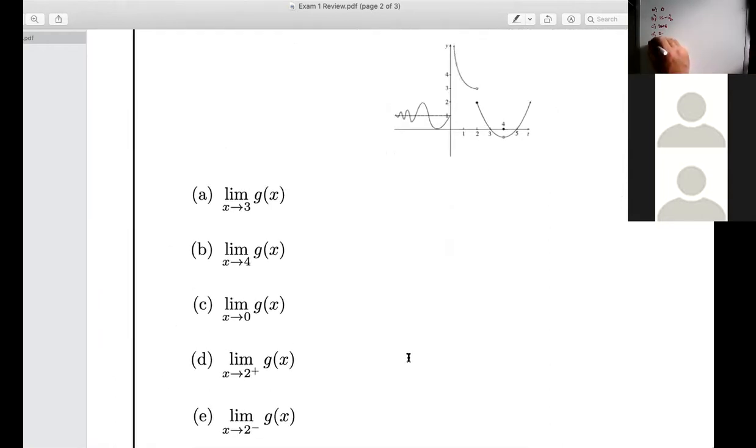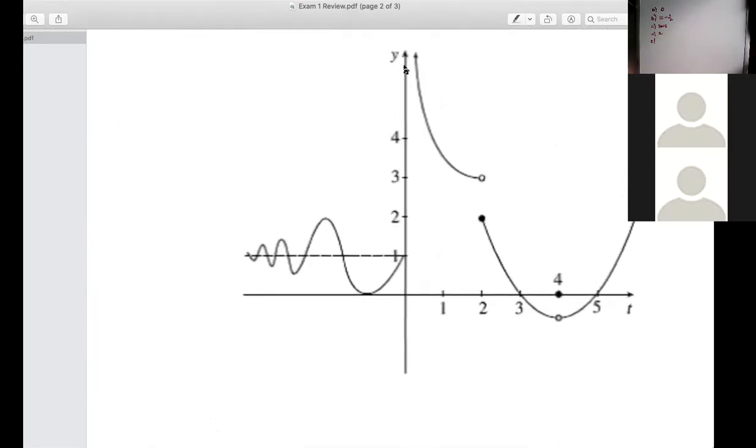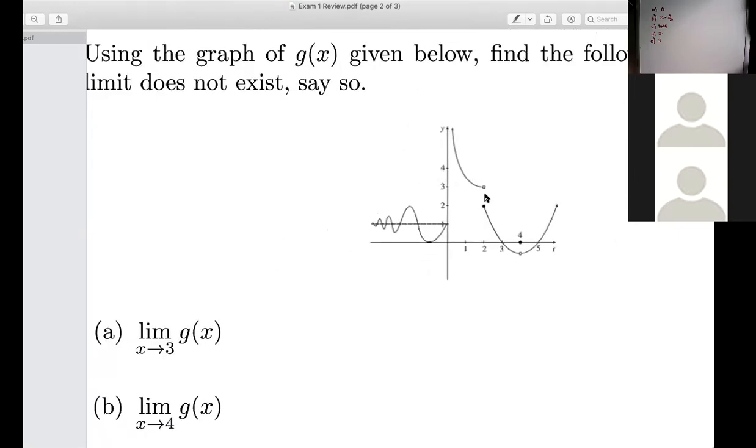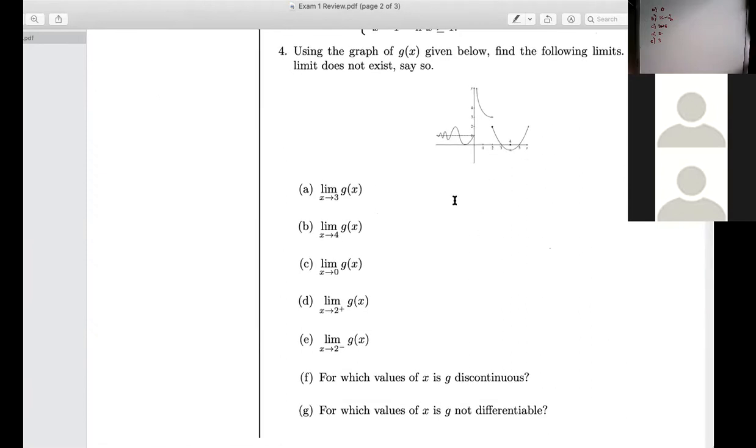And approaching from the negative direction, we're going to be on that upper parabola, right, the one that's connected to the hole in the graph there. And those y values are getting closer and closer to 3. And again, with the limits, it's not relevant whether there's a filled-in dot or a hole in the graph. We're talking about where the function is heading rather than where it actually ends up.